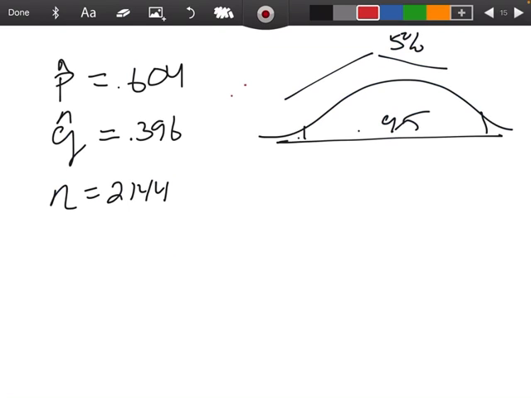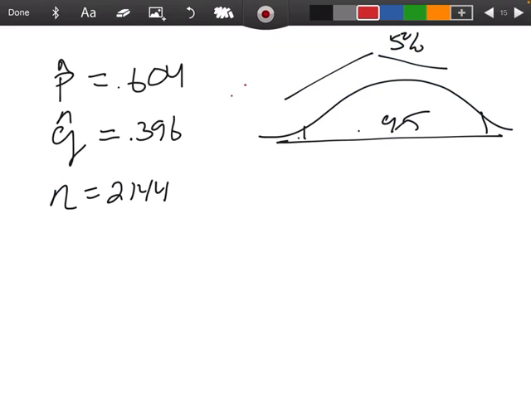Let's find our error. Remember, it's going to be Zc times the square root of p-hat q-hat all over n. So it's going to be 1.96 times the square root of 0.604 times 0.396 all over 2144.